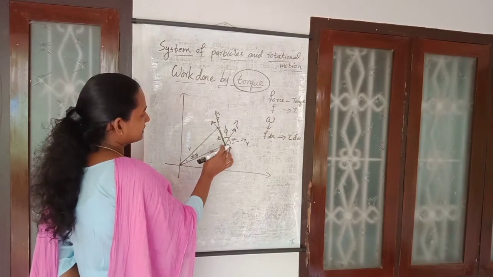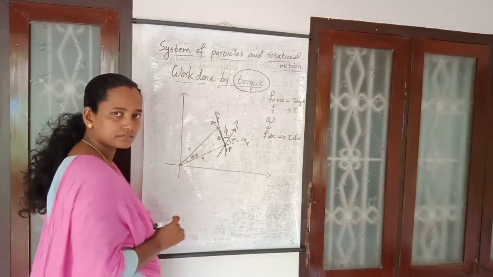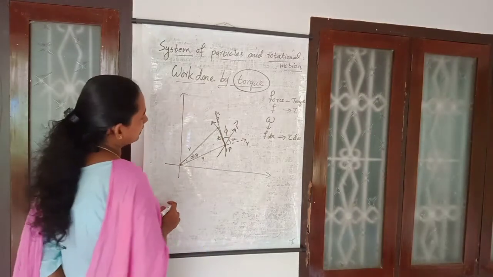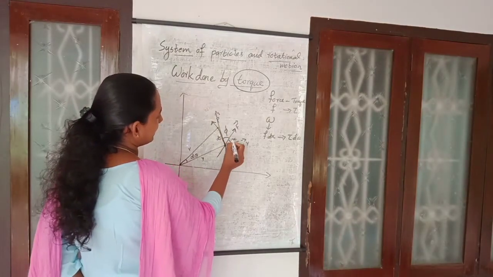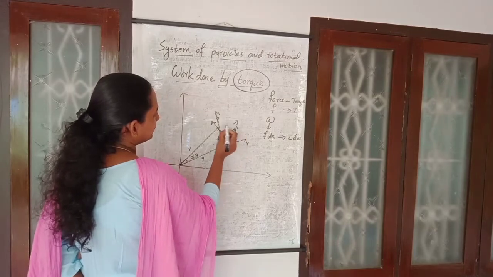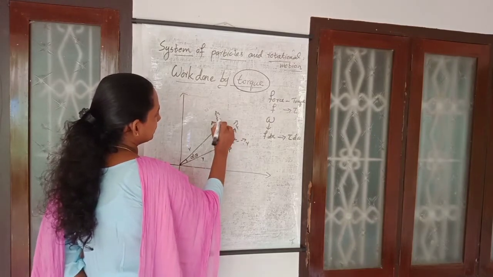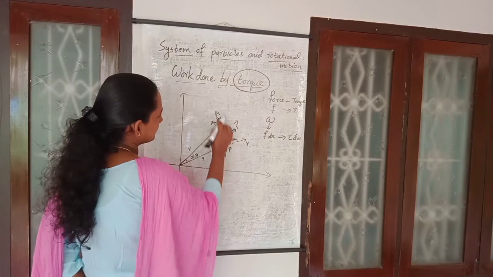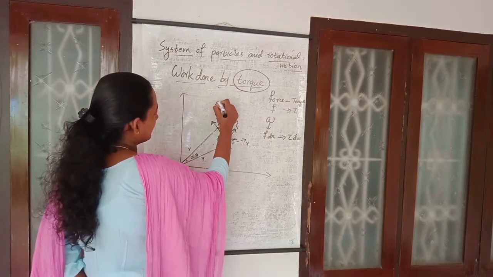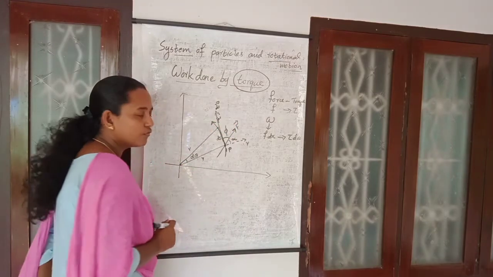By then there is a linear displacement; the force and position vector make an angle alpha, and the force and the linear displacement make an angle phi.